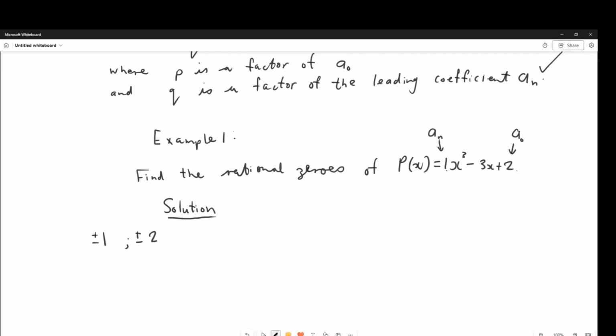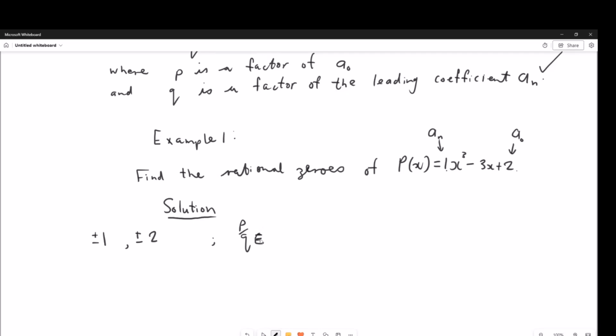And the factors of 1 is also plus or minus 1, just like the factors of 2. So you can see when ultimately you form p over q, it will look as follows. It will be an element of this set.